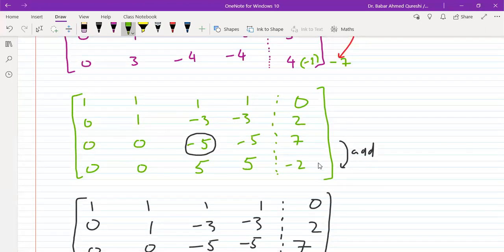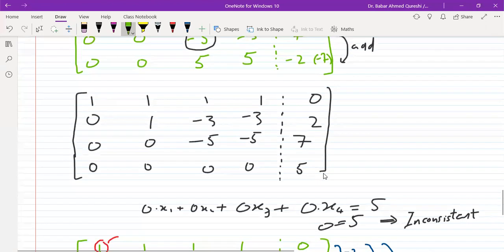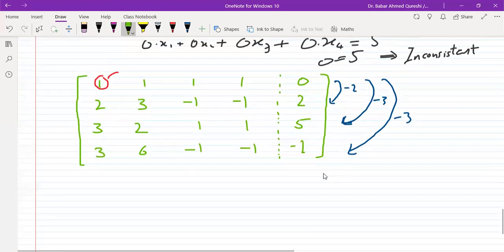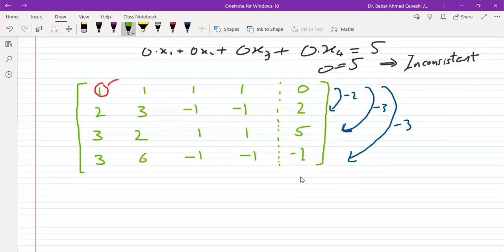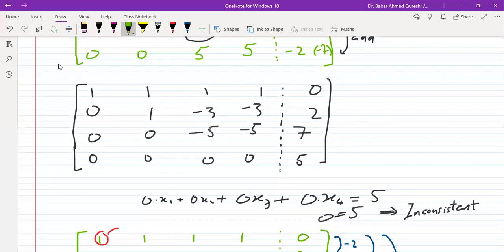So in this step, I have a minus 7. And when I add these two, I'm going to get a 0 here, a 0 at this point. So I'll get exactly this matrix.